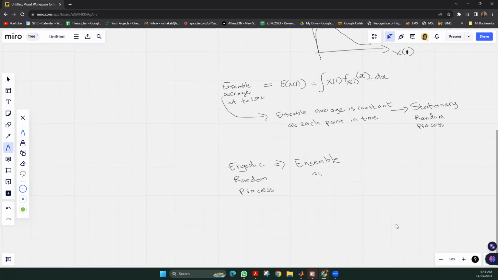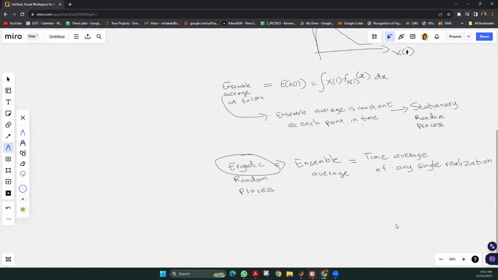So the ensemble average is equal to the time average of any single realization. If the time average of any single realization is equal to its ensemble average, then that random process is called an ergodic random process.